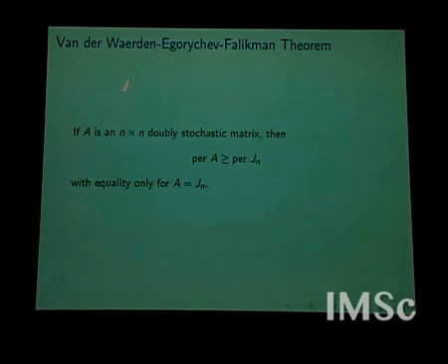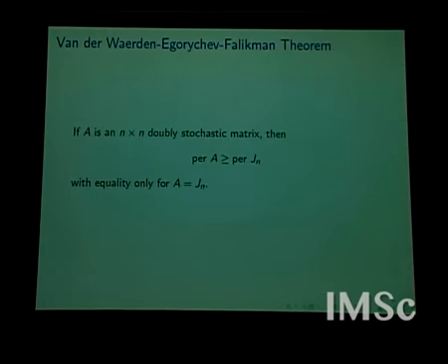Okay, so I'll briefly mention the van der Waerden-Egorychev-Falikman theorem. There are some connections, not direct connections, but maybe some ideas. Suppose A is an n cross n doubly stochastic matrix. By doubly stochastic, I mean all the entries are non-negative and the row and column sums are equal to 1. Then the permanent of A dominates the permanent of Jn, where Jn is the matrix with all entries equal to 1 over n.